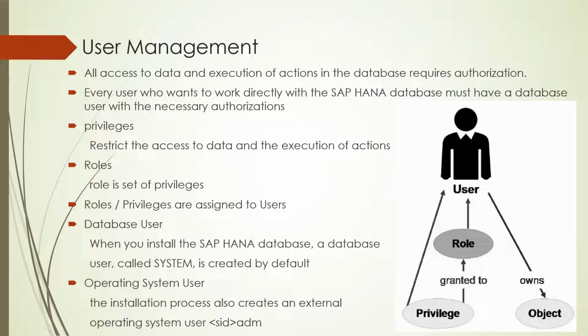Every user who wants to work directly with the SAP HANA database must have a database user with the necessary authorizations. What are privileges? Privileges are nothing but controlling the authorizations. In the SAP application we call it an authorization object; here we call it privileges.